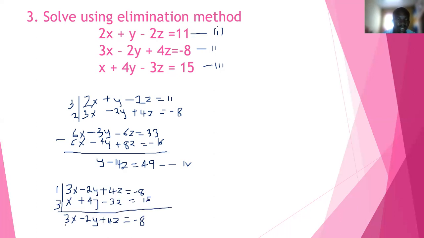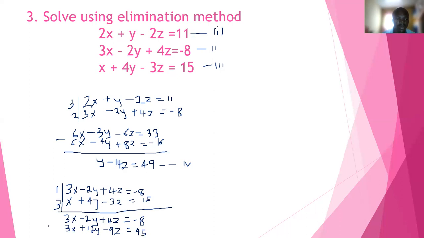Then this one will be 3x plus 12y minus 9z is equal to 45.